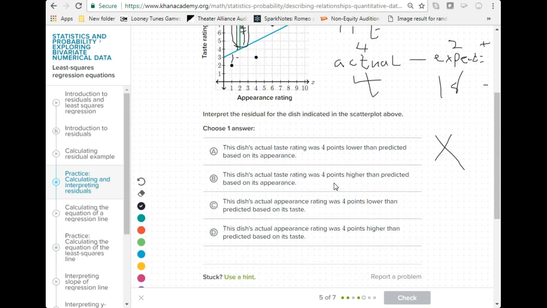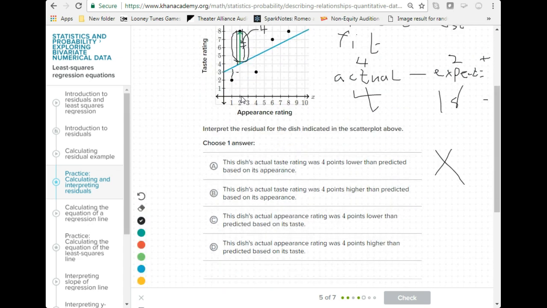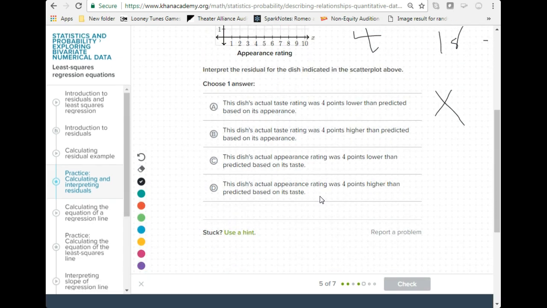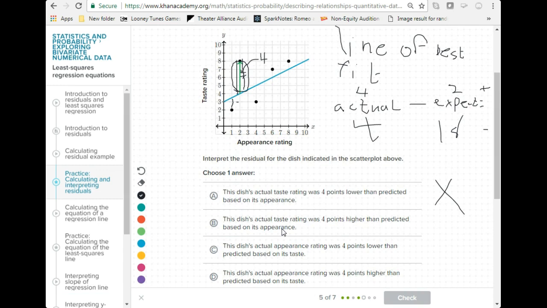The dish's actual taste rating was 4 points higher than the predicted based on its appearance. That might be correct, but there's still the option that the actual appearance rating was 4 points higher than the predicted based on its taste. That can't be correct, because it's basically the opposite of that.